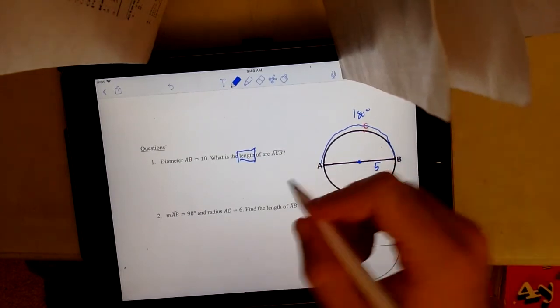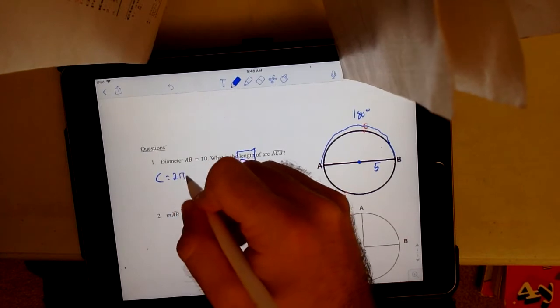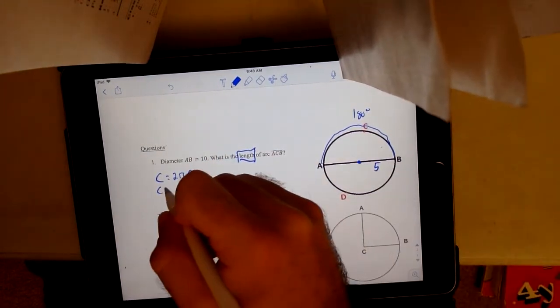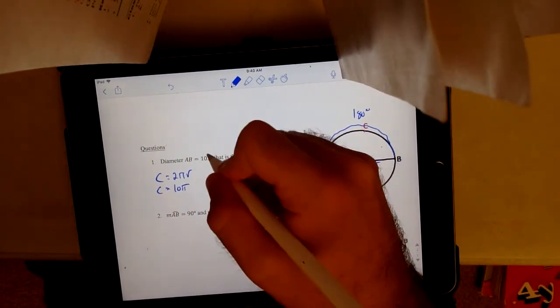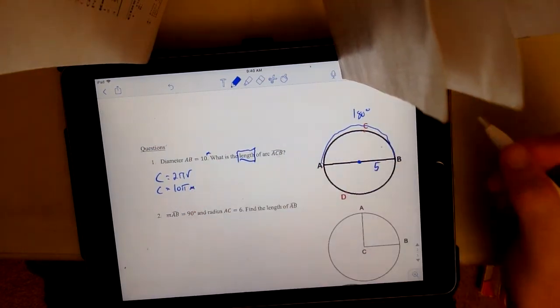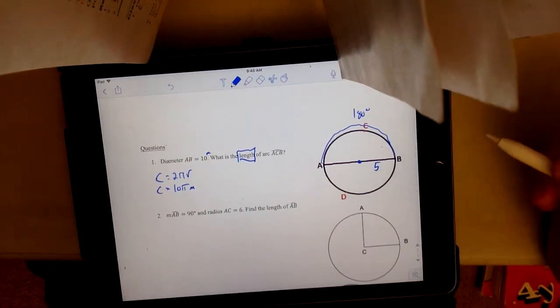So what's the circumference of a circle? We need to review that. Circumference is 2 pi r, and the r is 5. So the circumference is 10 pi. Let's put some units on here just because I think it'll help. So the circumference is 10 pi meters. So the length all the way around is 10 pi.